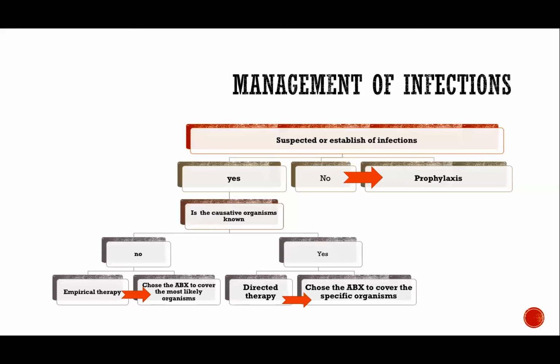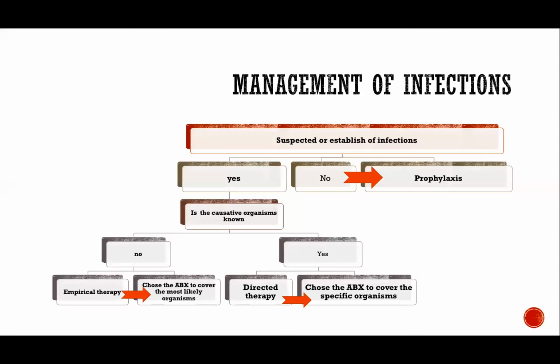So we choose the antibiotic that covers the most likely organism, not necessarily all the organisms. One of the risks of empirical therapy is that it may not work, because the infection may be caused by something less common that the antibiotic does not cover. So it's very important to monitor the patient when you start the antibiotic.